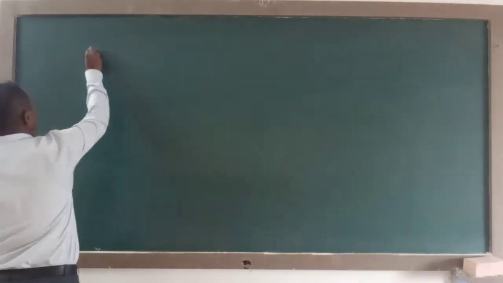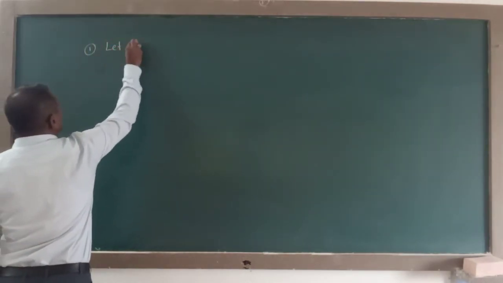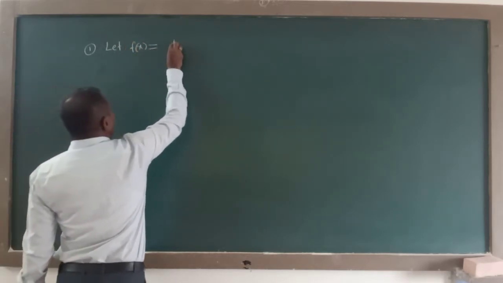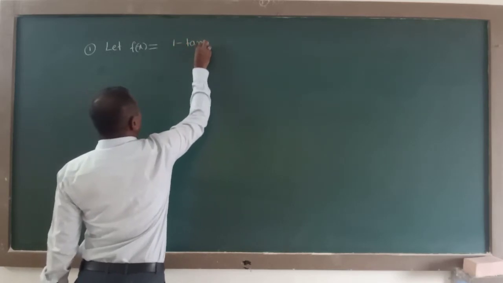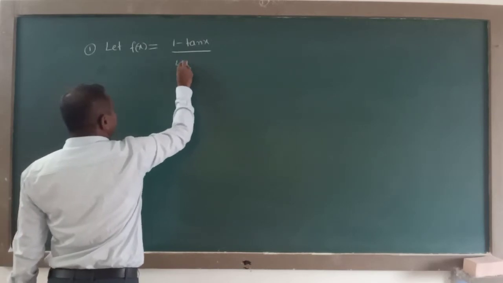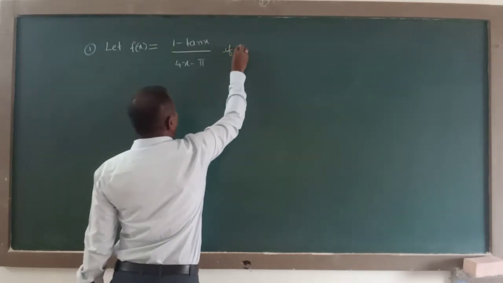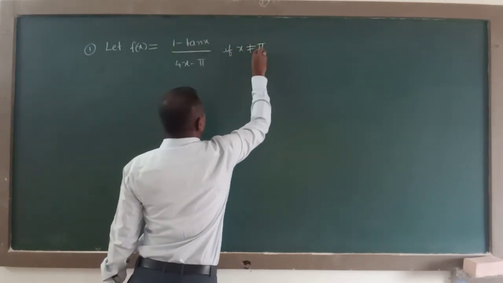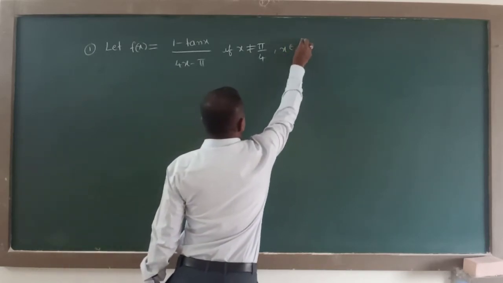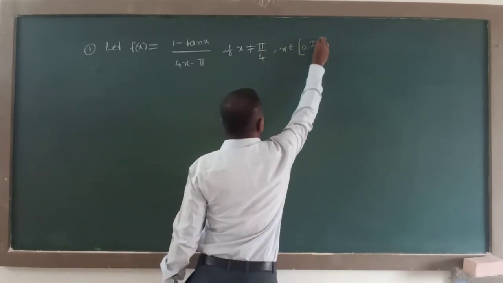First question is, let f of x be equal to (1 minus tan x) divided by (4x minus pi), if x is not equal to pi by 4, where x belongs to the closed interval 0 comma pi by 2.